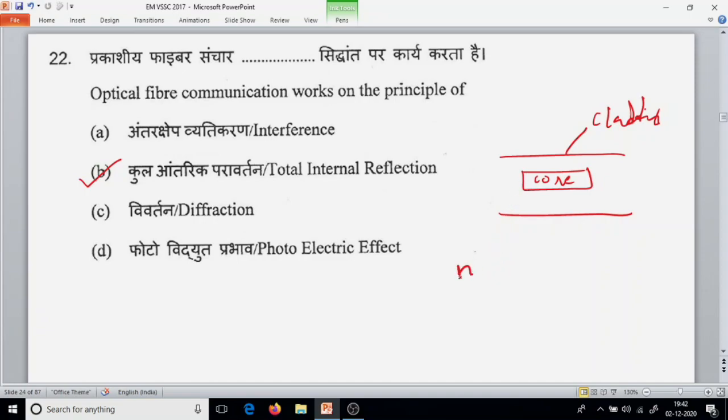The refractive index of core, N of core, is greater than N of cladding. In another video, I told you how to remember.